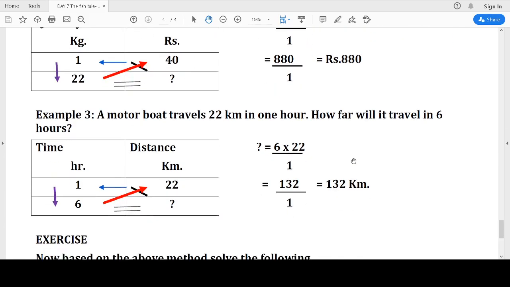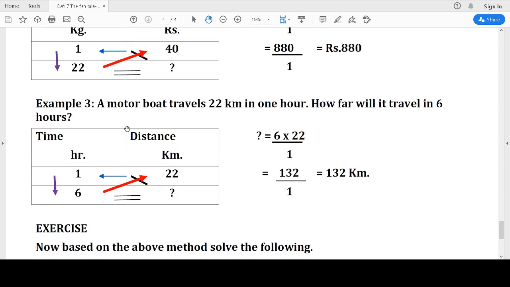Now coming to the third question. A motorboat travels 22 kilometers in 1 hour. Again see, each, a, per all mean 1. How far will it travel in 6 hours?